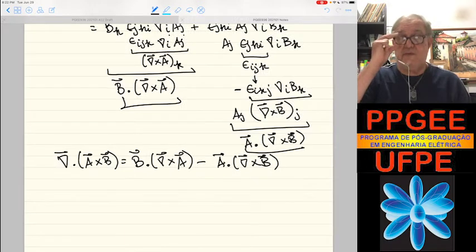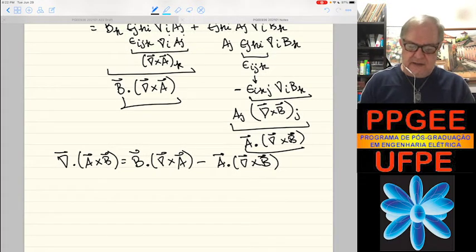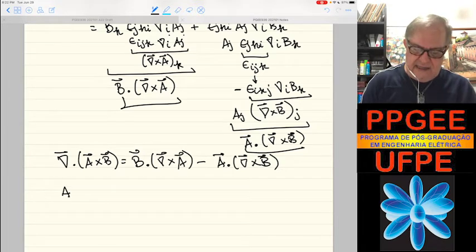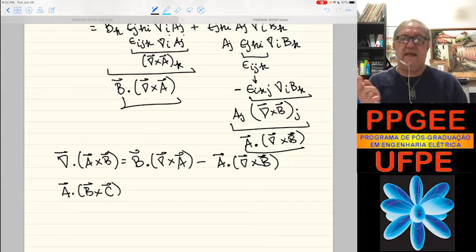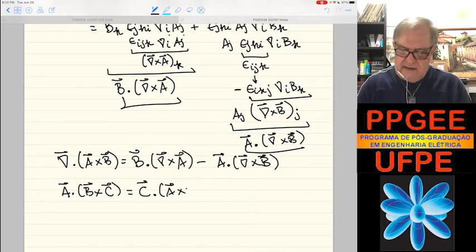The chain rule: if this was a mixed product, let's say a dot b cross c, we could make a cyclical permutation for the mixed product without changing it, right? That would be c dot a cross b, which equals b dot c cross a.